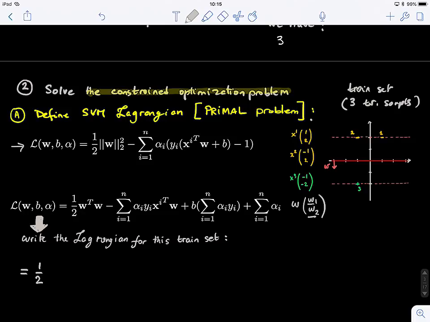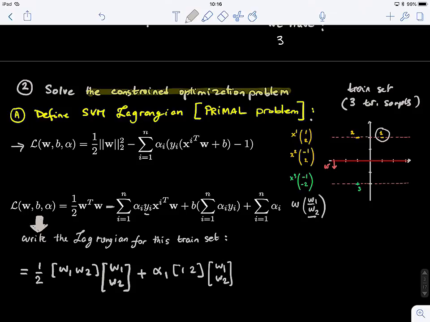Okay, so we can do this together. Basically we have W transpose times W, so this is just the squared norm of W, right? Minus, now we have alpha 1 times y1. y1 is negative, right? So negative times negative, because we know that this is a negative sample, so then it's plus alpha 1, and x1 transpose, x1 is 1, 2, and we have w1, w2, right?